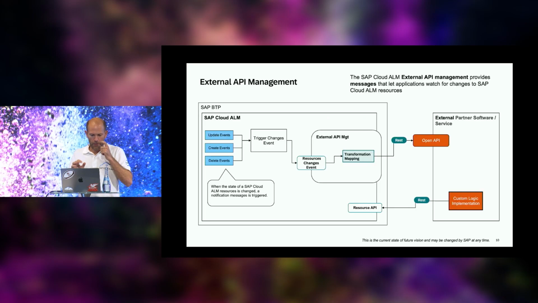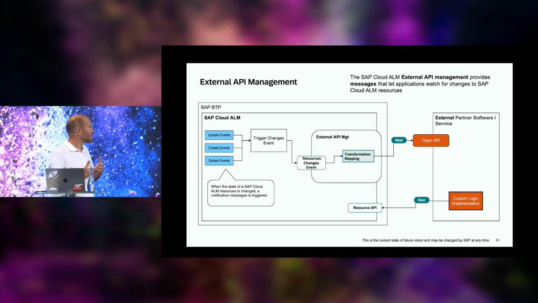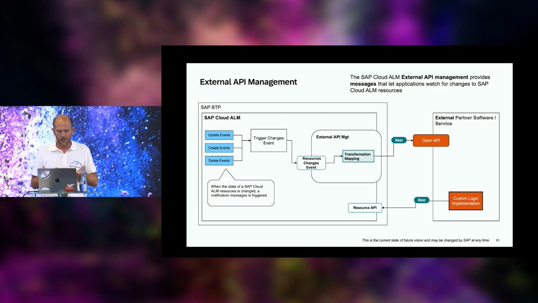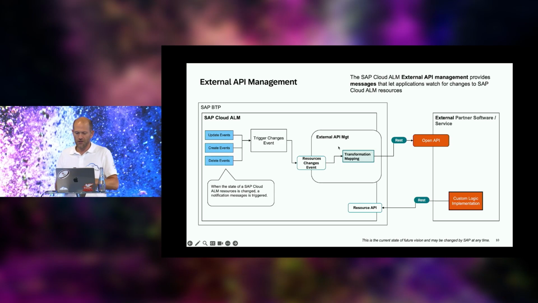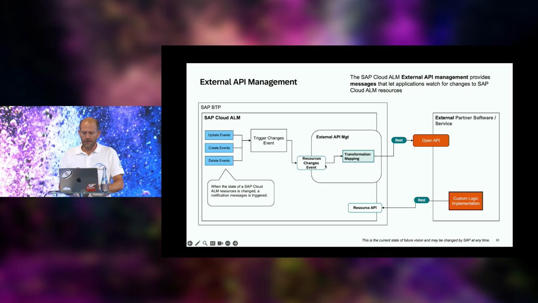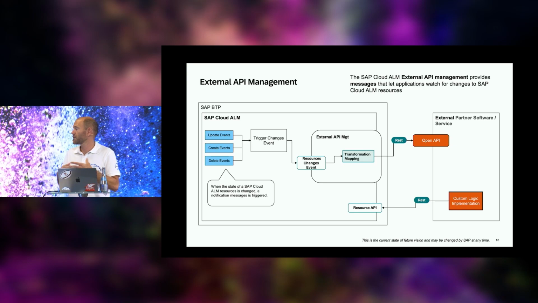In SAP Cloud ALM, we'll create an event, or update an event, or delete an event. In our case, a task creation will trigger an event in SAP Cloud ALM, which the external API management application will handle, transforming the mapping of this event and tailoring it to the needs of the external application, in our case Azure DevOps.